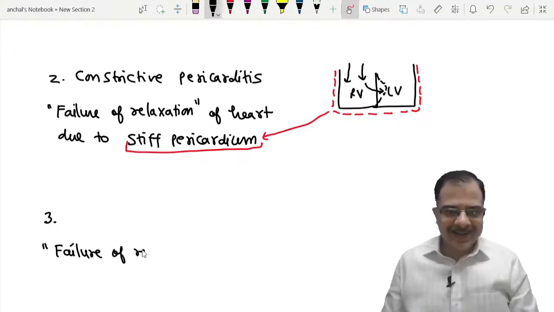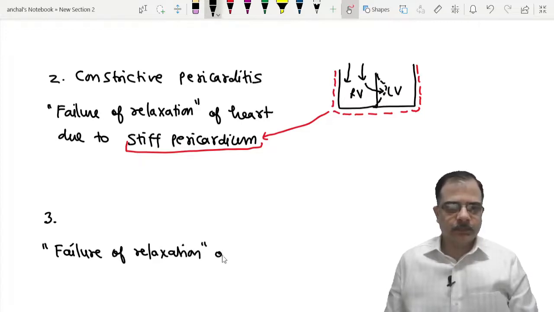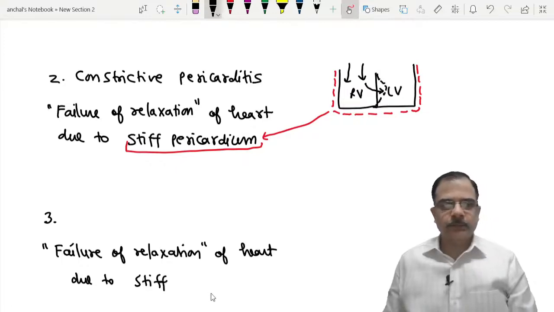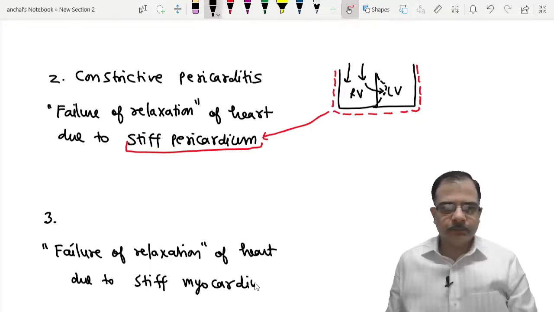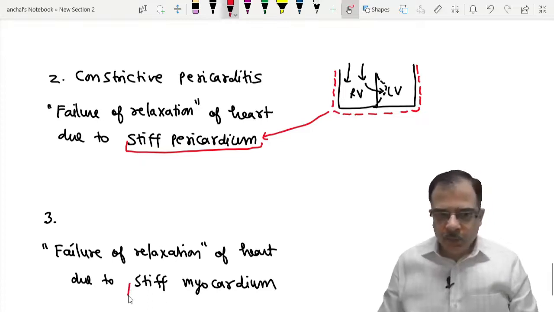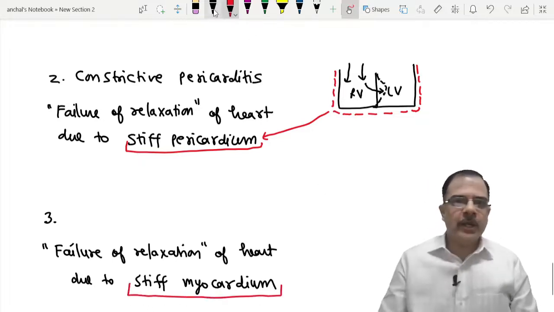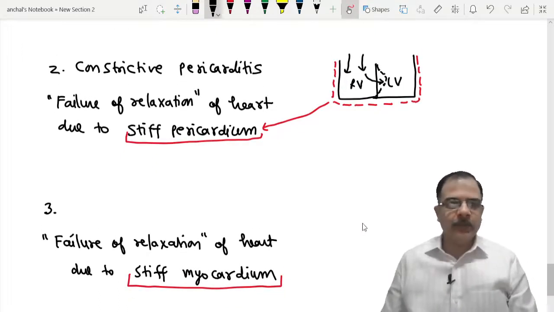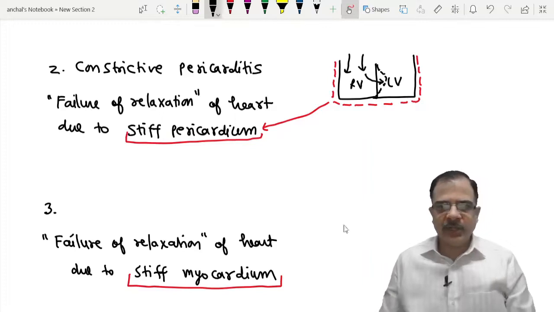Failure of relaxation of the heart due to stiff myocardium. Due to a stiff myocardium, the heart is not able to relax normally. Almost the same pathogenesis as constrictive pericarditis.